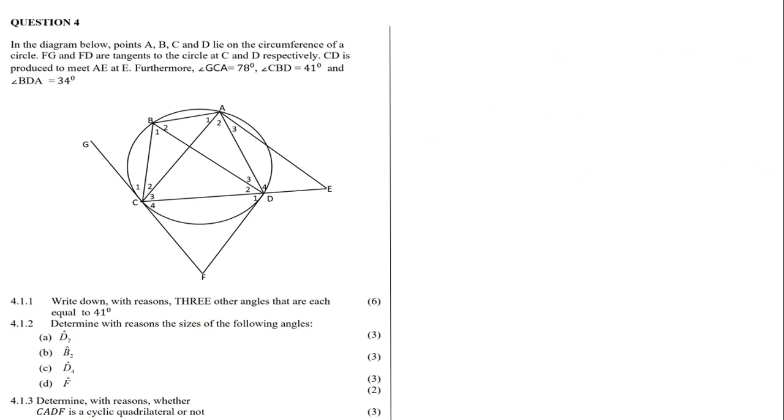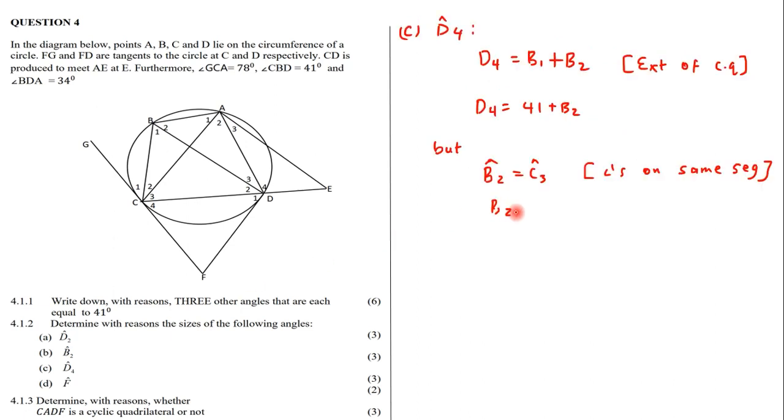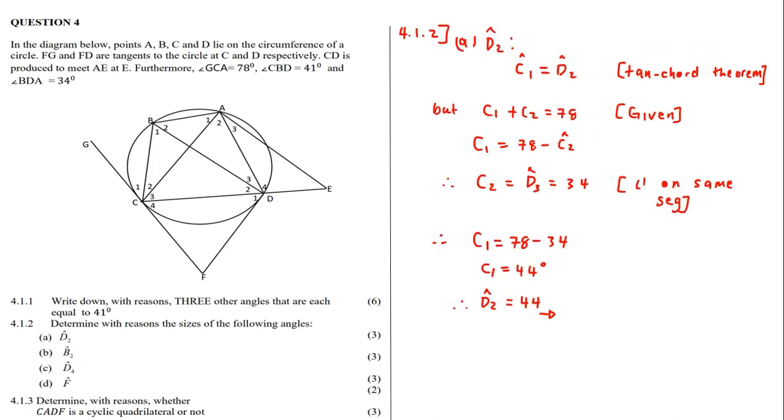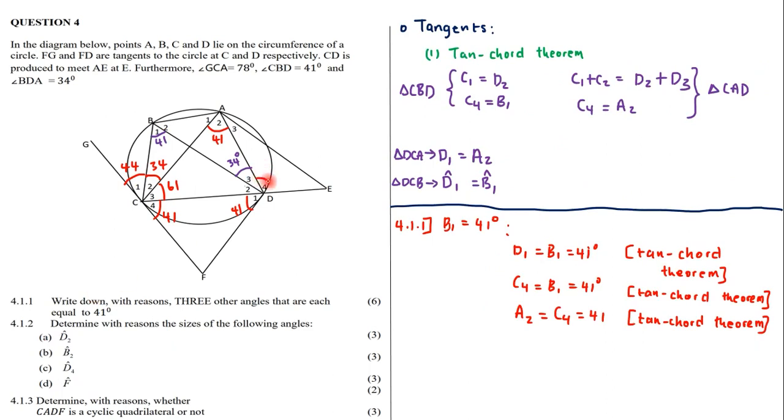So B2 equals 61, right? Therefore D4 is going to be 41 plus 61, and that will be 102. So D4 will be 102, and that is how we find D4. So I'm going to update that 102.